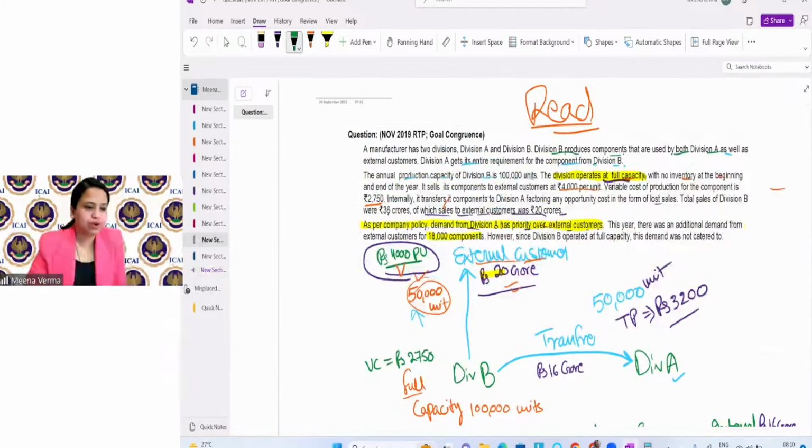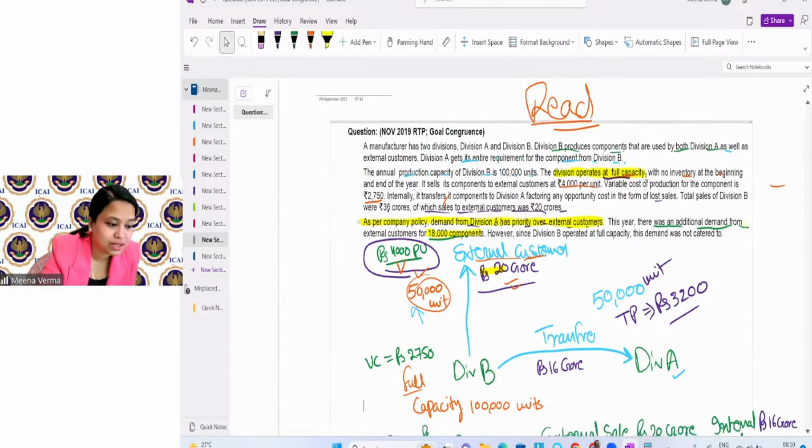So what is the next part of the question? Last year, there was no additional demand from the external customer. This year, there was an additional demand of 18,000 components from an external customer.